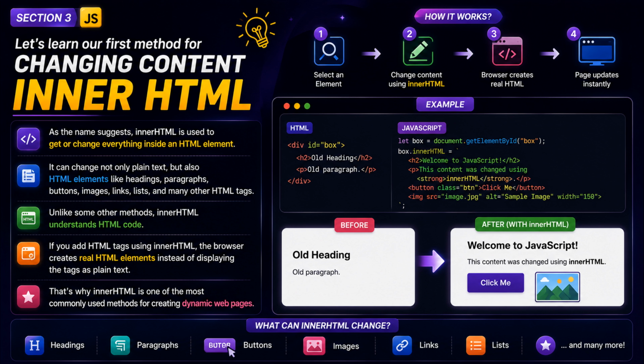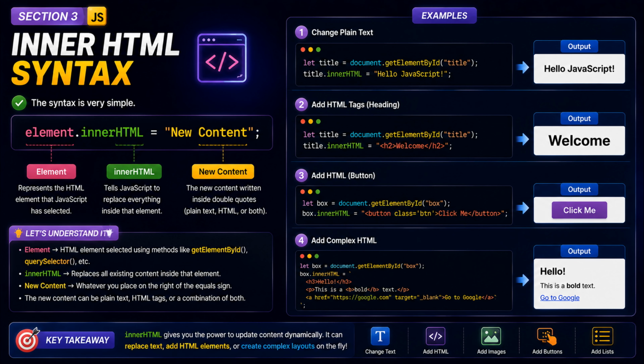Unlike some other methods, innerHTML understands HTML code. If you add HTML tags using innerHTML, the browser creates real HTML elements instead of displaying the tags as plain text. That's why innerHTML is one of the most commonly used methods for creating dynamic web pages.